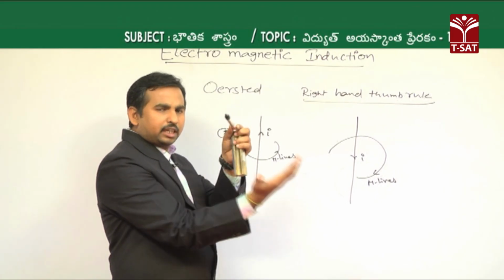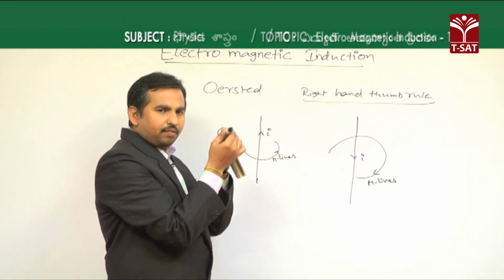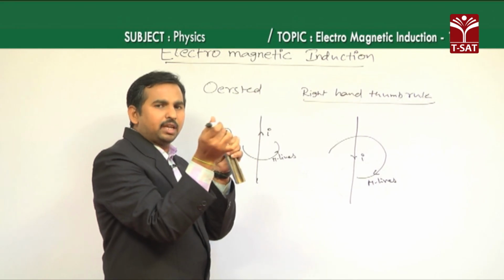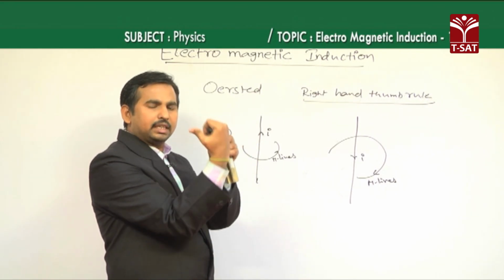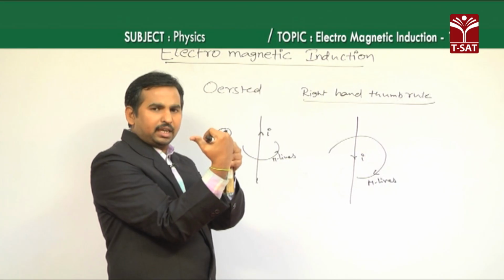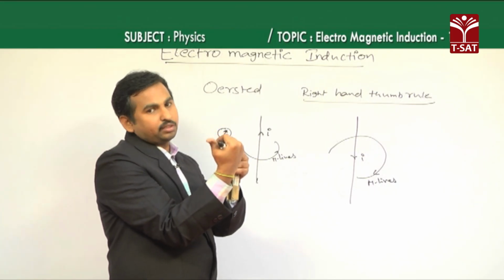So the curling fingers are in this direction, out of the plane, that is an anti-clockwise direction.